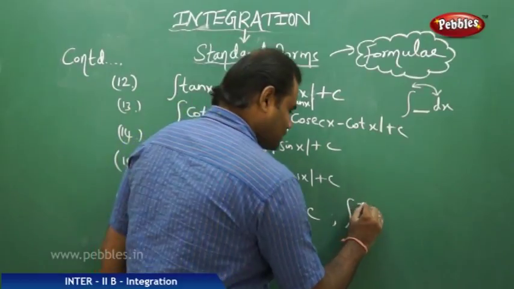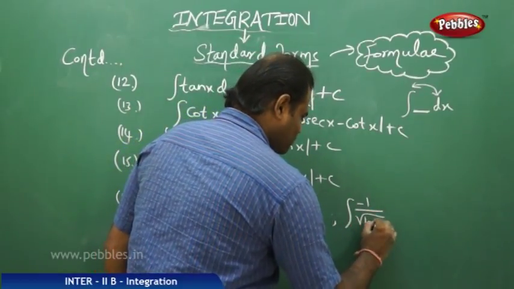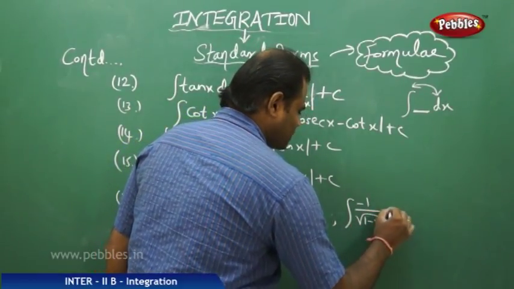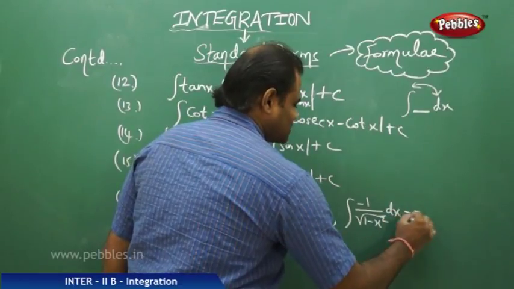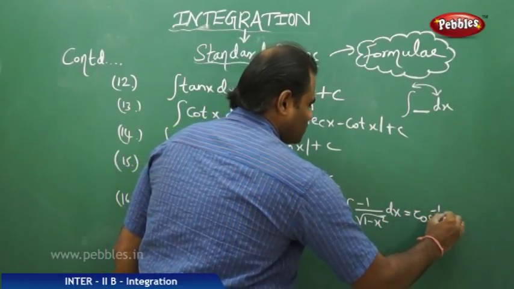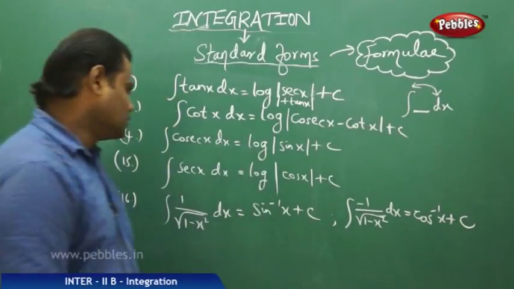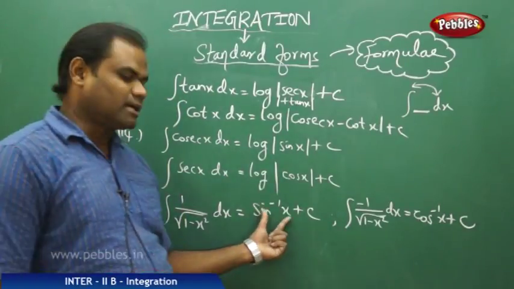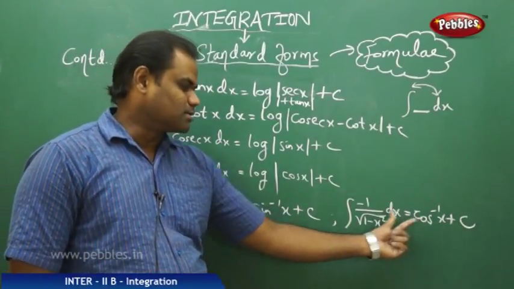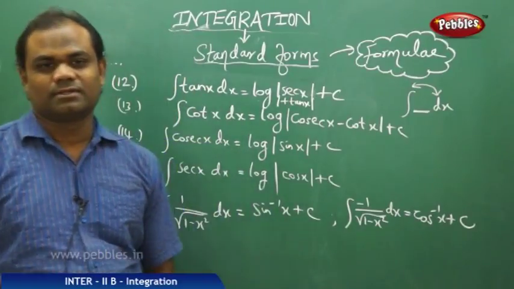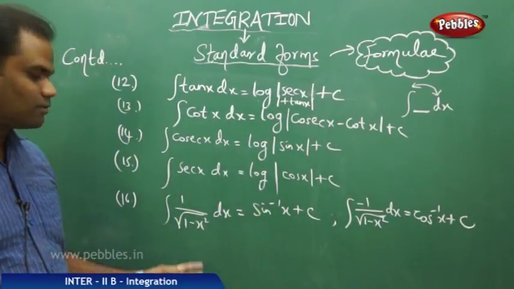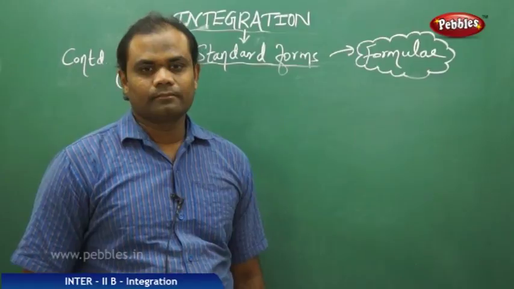And integral minus 1 by root 1 minus x squared of dx is cos inverse plus c. So if I have 1 by root, it is sine inverse, and minus 1 by root this is cos inverse. To be continued with the rest of the formulae in the session.